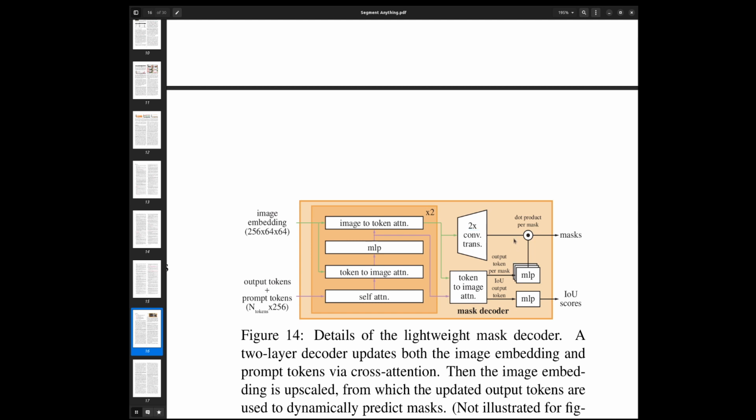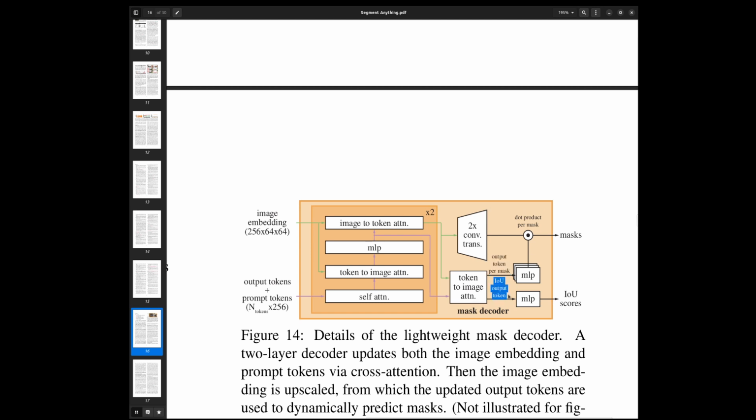And then from this you get 2 things: the IOU output token and the output token per mask. So now you take the output token and use it to do the dot product with the mask, and you basically get the mask.